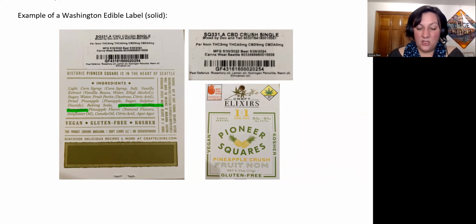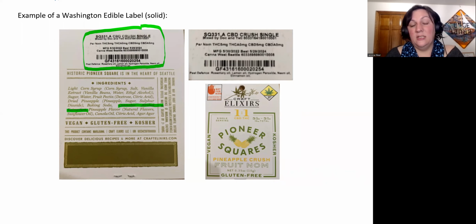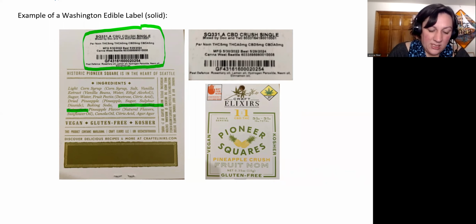There is more information on the label right here that gives us more information about the amount of THC and CBD within it. And so we can see here, we've got a THCA reading, a THC reading, a CBD, and a CBDA reading for this. And I've tried to blow this up here.